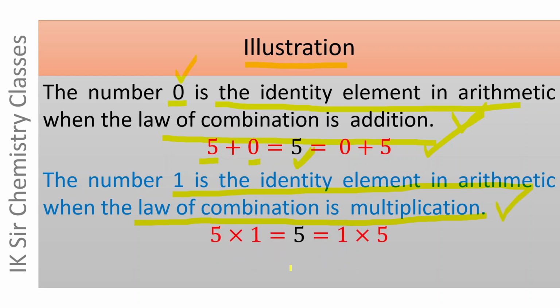Let us illustrate it. 5 multiplied by 1 is equal to 5. If this element is multiplied by the identity element, it remains unchanged. At the same time, the law of commutation holds good. 5 into 1 is equal to 5, as well as 1 into 5 is also equal to 5.